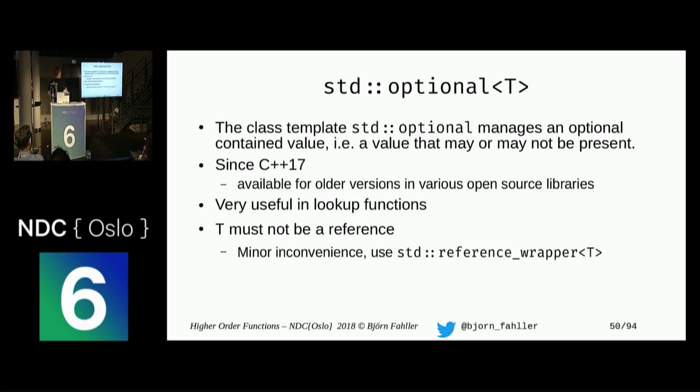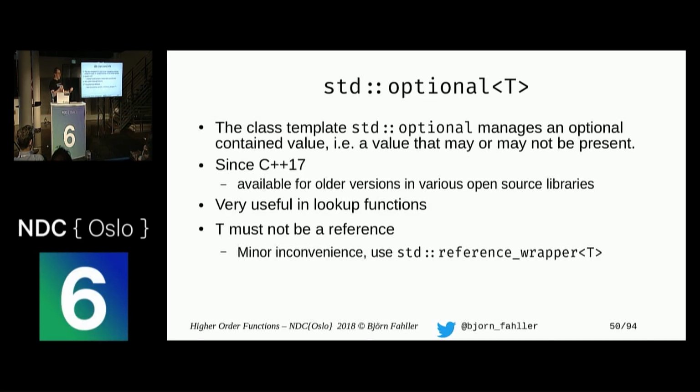In the standard library, T must not be a reference type, which is not a big problem, but it's a bit annoying. The reason for reference types not being allowed is that it's not obvious what assignment means. If you have an optional<T&> that does refer to something and I assign to it, what does that mean?